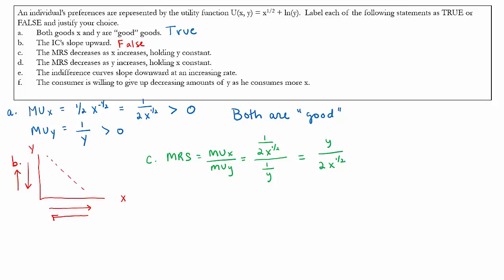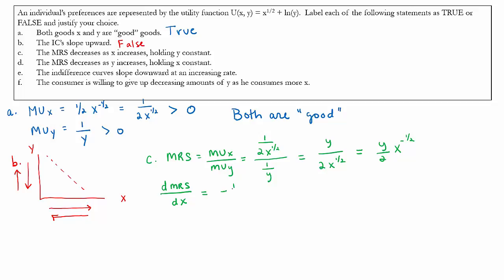We can also see that mathematically by looking at the sign of dMRS/dx. To do so, I have a personal preference of going up here and writing this as such. So what do I get?